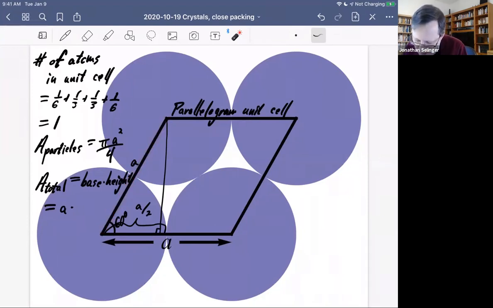And so the height over here is A sine 60 degrees, right? Yikes, what am I doing here?